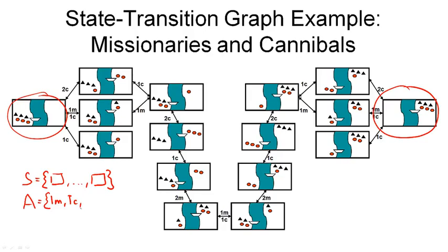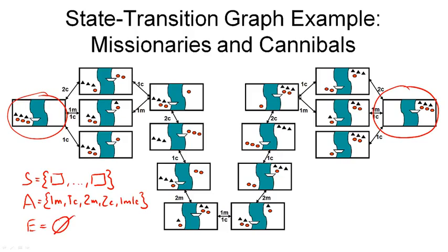Or we can have 2 people in the boat. This can be 2 missionaries, 2 cannibals, or 1 missionary and 1 cannibal. It's noted here by 1M, 1C. So these are the 5 possible actions that we have to do something in the system. I don't need to denote where the boat is because the boat can only cross from one side of the river to the other. The set of events is empty for the state transition system.